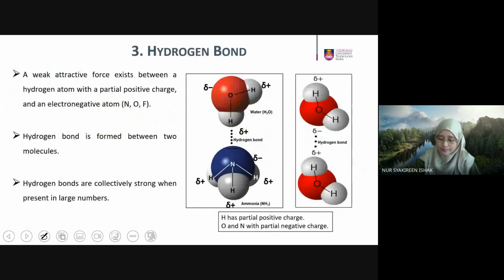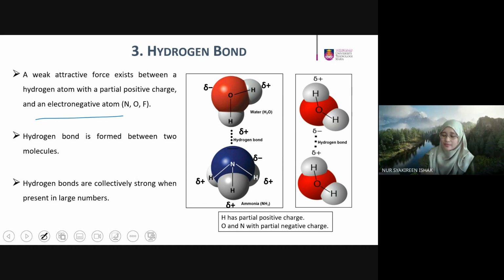Okay, so next one is hydrogen bonds. Weak attractive forces exist between a hydrogen atom with a partial positive charge and an electronegative atom, which is either nitrogen, oxygen, or F, fluoride. Okay, fluoride.